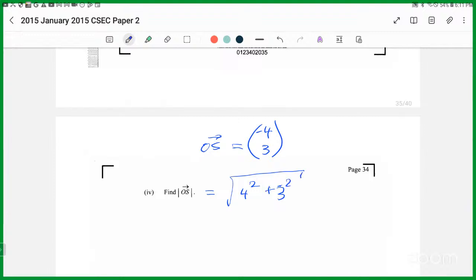That works out to 5. And modulus is length, so I like to put the word units beside it. This is modulus, or magnitude, or size, or length. How long is the vector?